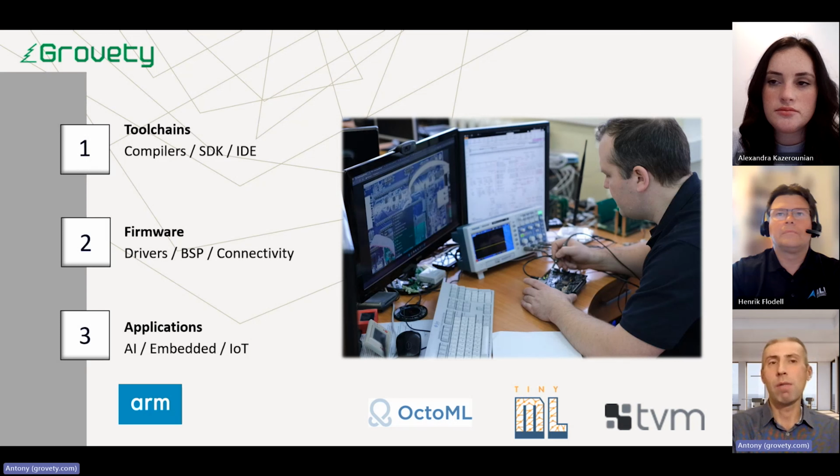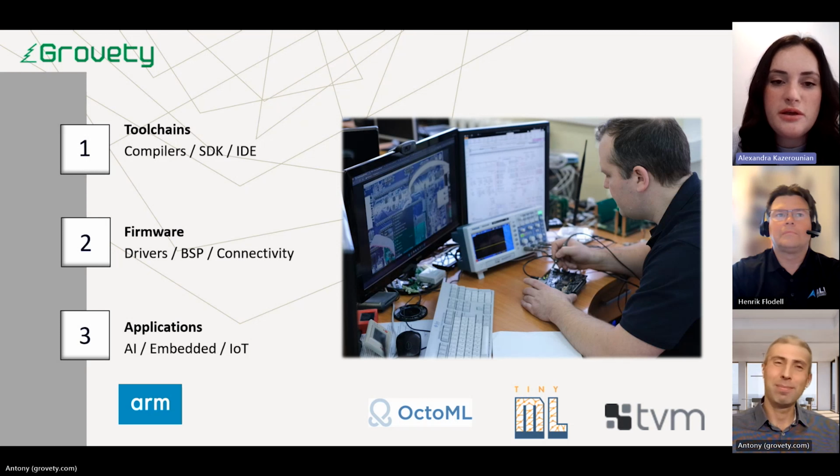Plus, we work with the firmware, of course: drivers, board support packages, bare metal, and implementation of network protocols, both for wired and wireless connectivity. And of course, applications. Here we work with embedded, IoT, industrial IoT, and of course, AI applications. Here we work on neural networks optimization and adoption to the target hardware. So that's in short about us.